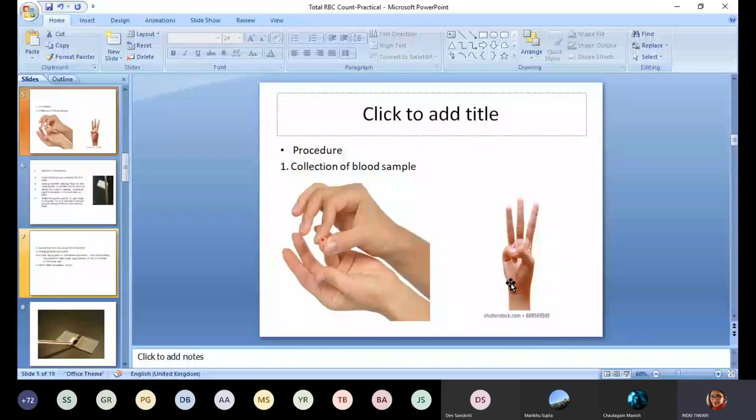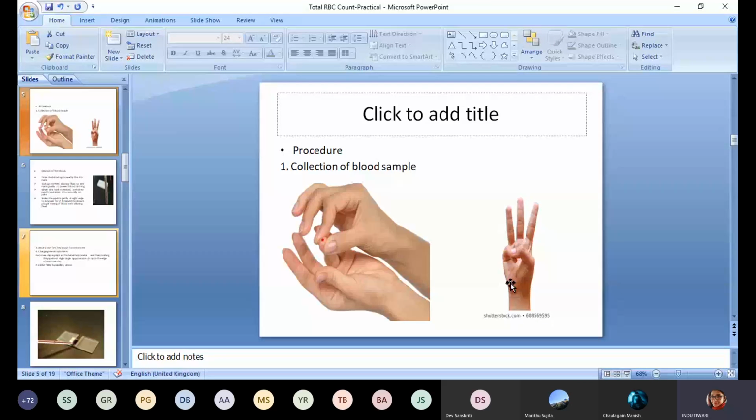First of all, we have to collect the blood sample. As shown in the picture, experiments are often done with a blood sample that has been collected previously and mixed with an anticoagulant. But in our laboratory, we are going to prick the fingers of our hand for the collection of the blood sample.